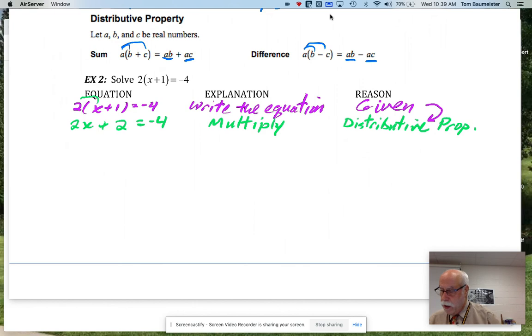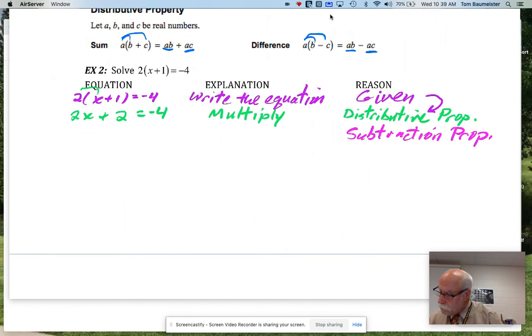So now to simplify that, we're going to subtract 2 on each side. So, what was the word I just used there? Subtract. So our reason, we're going to use the subtraction property. And that means we're going to subtract 2 from each side.